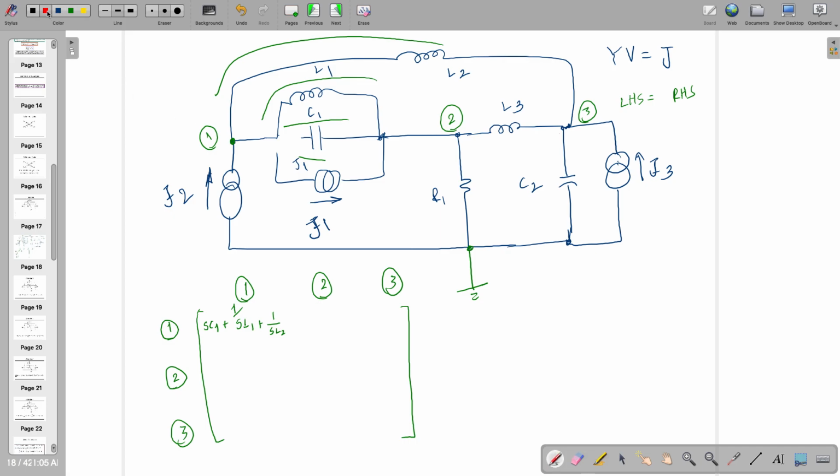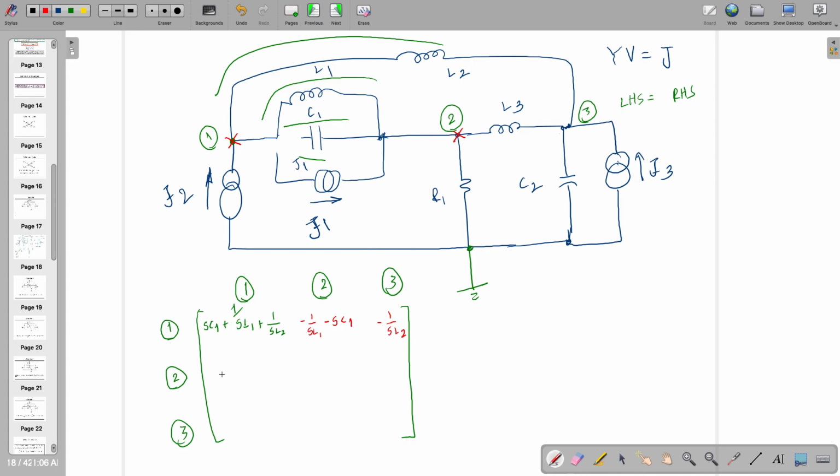So what about Y12? Y12 is the one between node 1 and 2: minus 1 by SL1 minus SC1, right? Anything else? No. What about Y13? 1 by SL2.